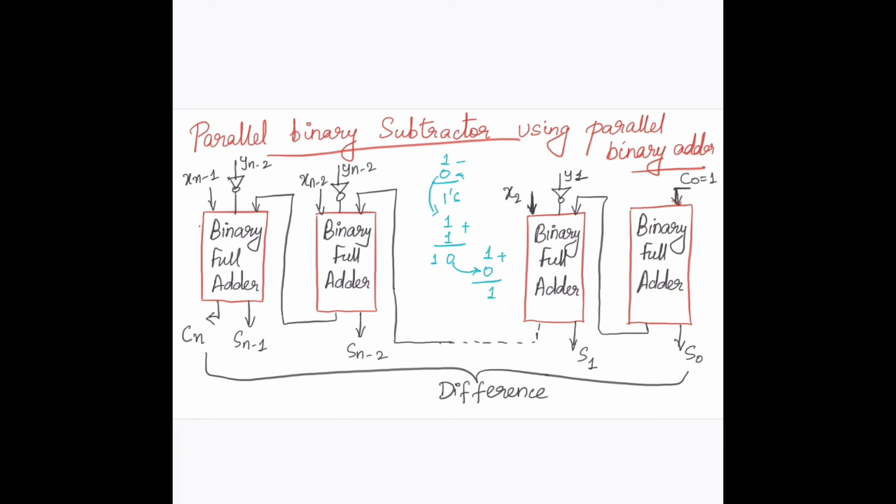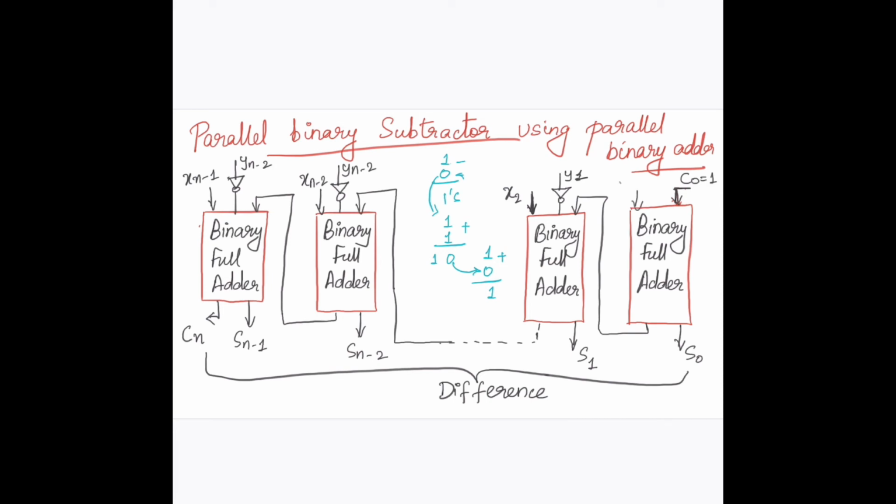So by passing y1 through a NOT gate, we obtain the 1's complement. The next operation, after the 1's complement, is that 1 should be added to it. To add 1, a 1 will be given to the carry bit. This way we can implement the binary full adder.